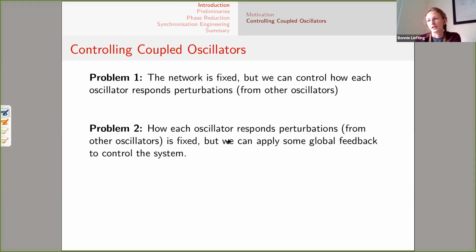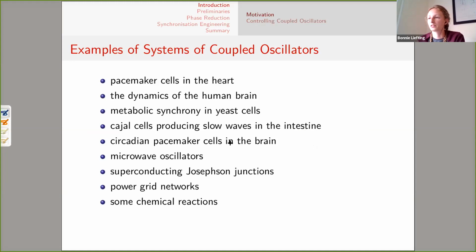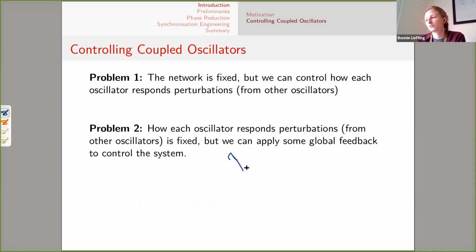systems where it is actually possible to apply some kind of global feedback signal to them. And it's a lot more difficult to change the internal dynamics of these oscillators. So this would be something like biological systems.